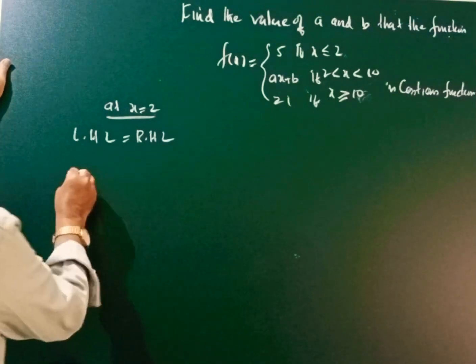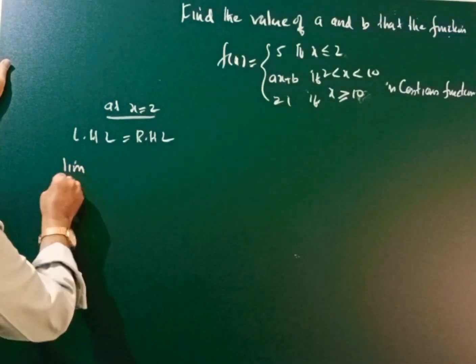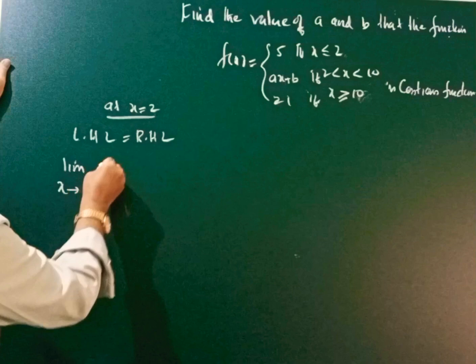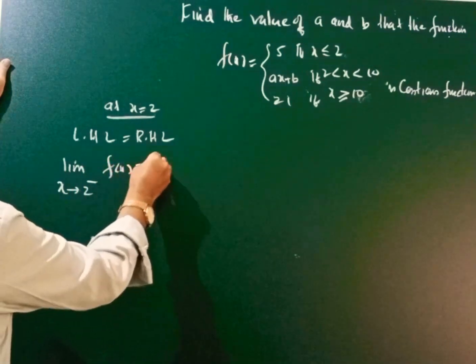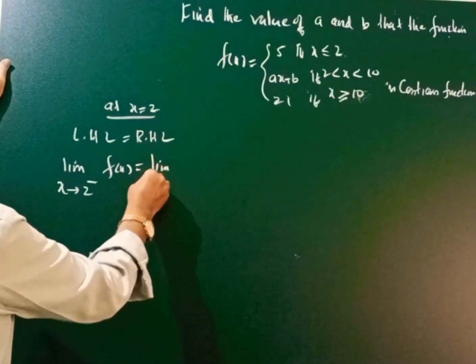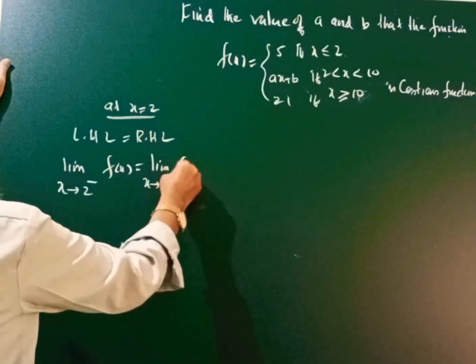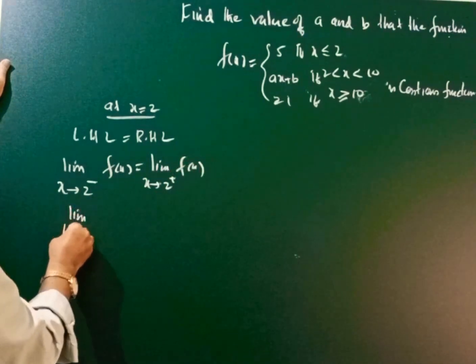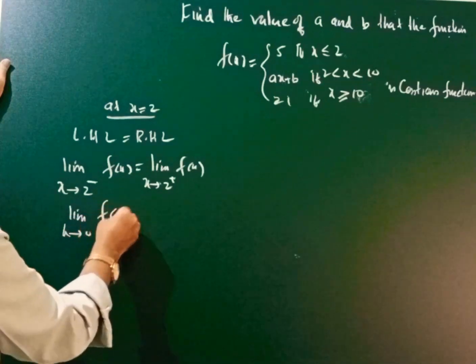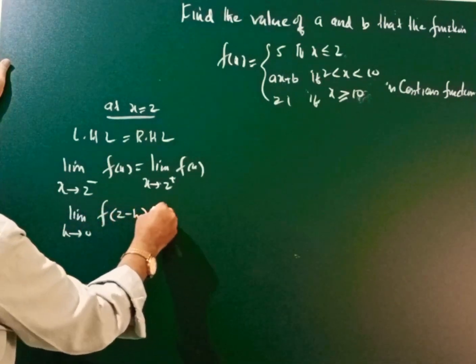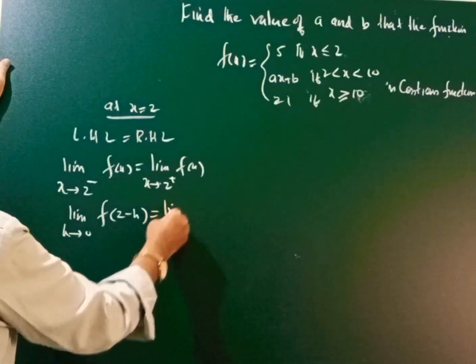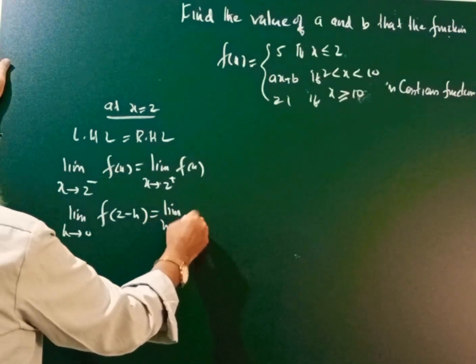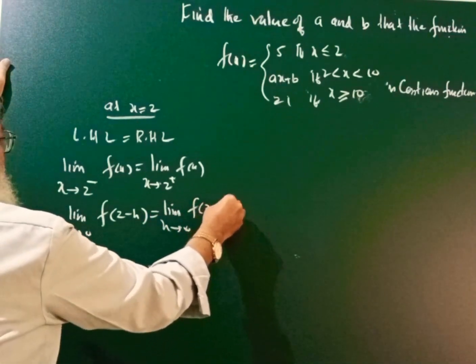So limit x tends to 2 from the negative side of f(x) must be same as x tends to 2 from the positive side of f(x). That is limit h tends to 0, f of 2 minus h, equals limit h tends to 0, f of 2 plus h.